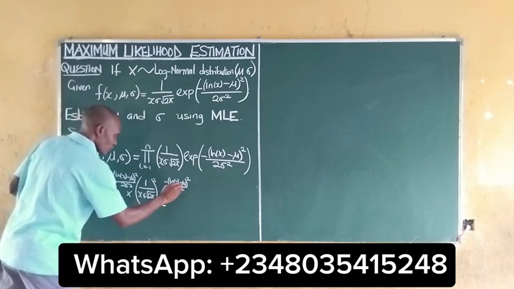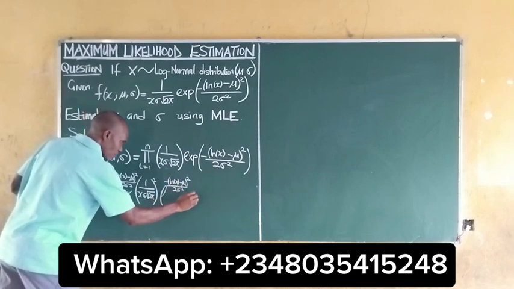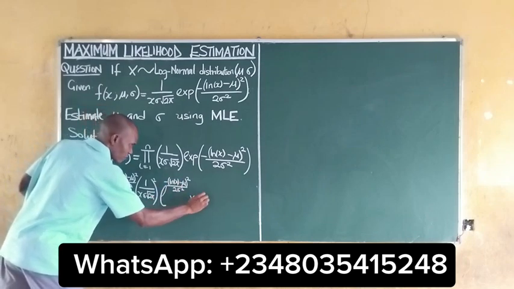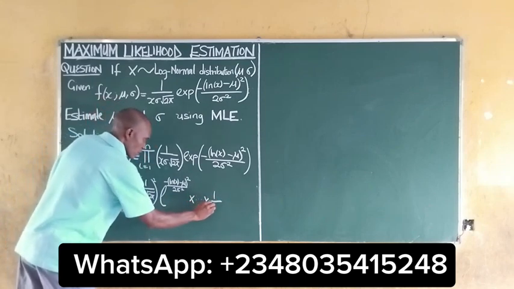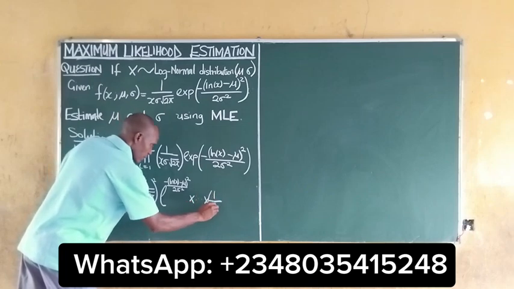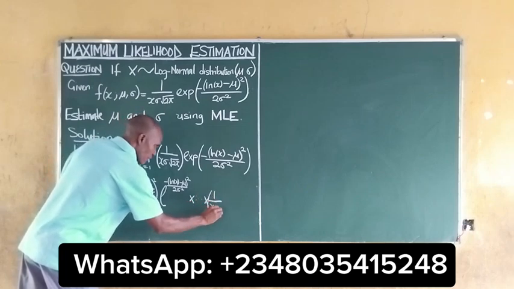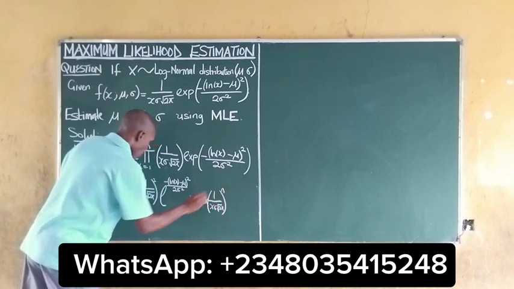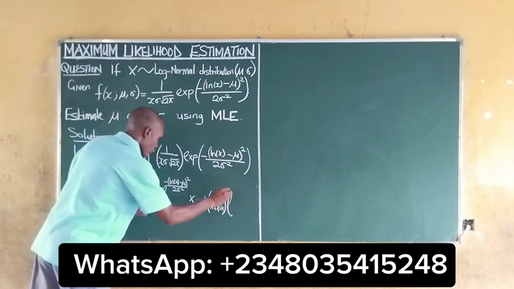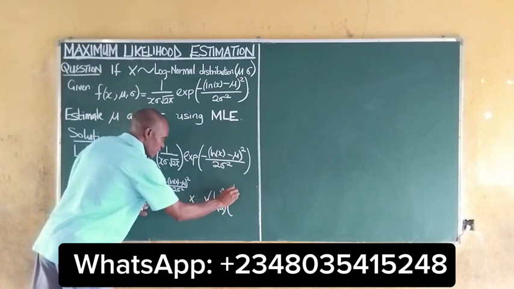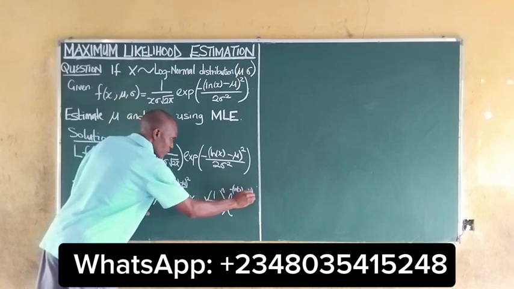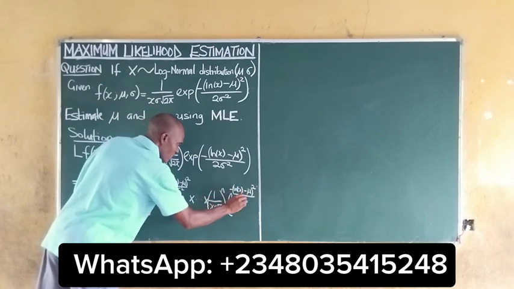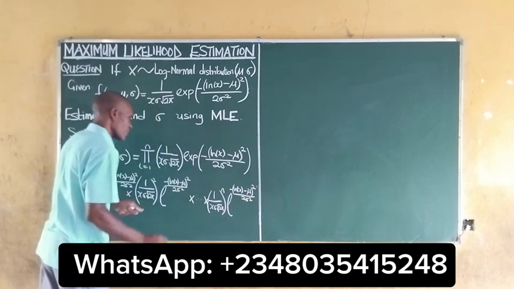It continues, multiplied by 1 all over x sigma square root of 2 pi raised to the power of n, exponential negative ln of x minus mu all squared all over 2 sigma squared.